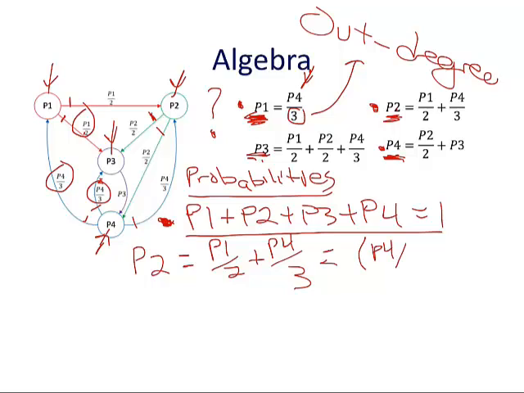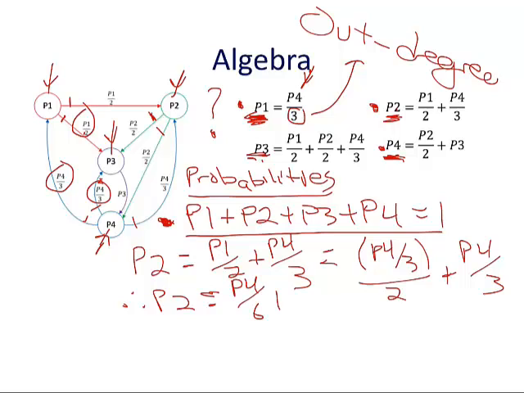So we have P4 over 3 over 2 plus P4 over 3. And that is equal to, so P2 is equal to P4 over 6 plus P4 over 3, which is equal to P4 over 2. So P2 is equal to P4 divided by 2.